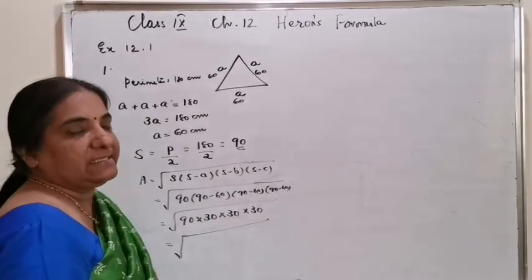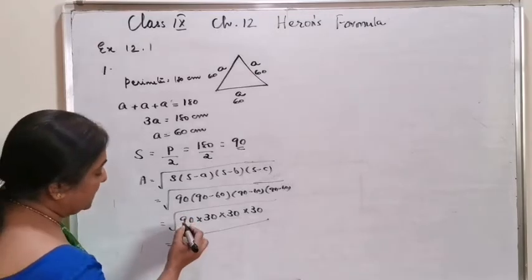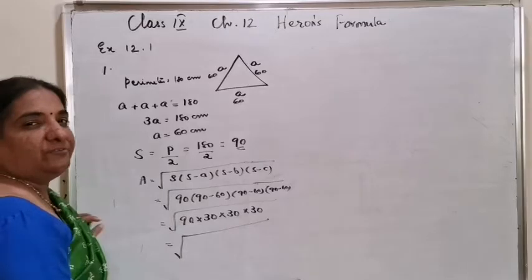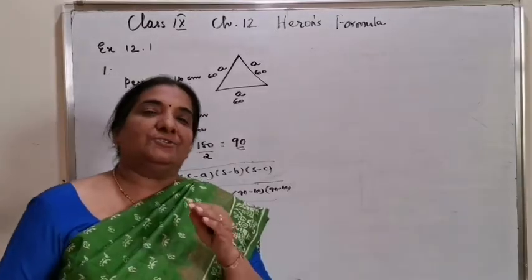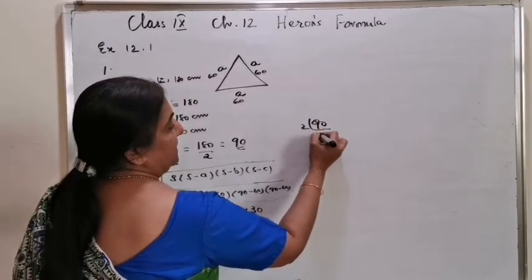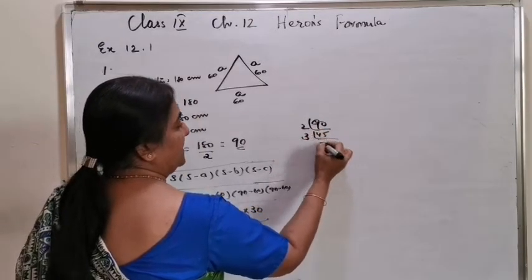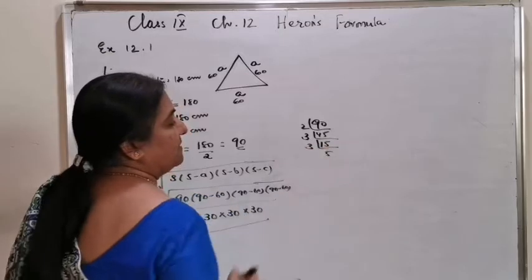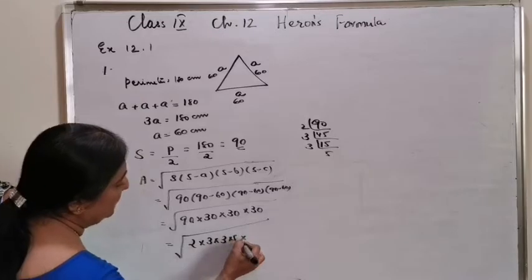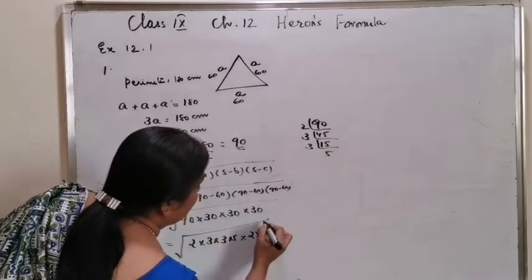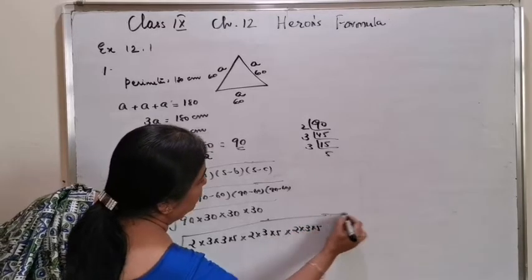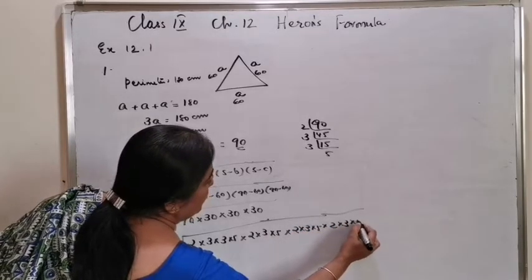Otherwise we can factorize all the numbers. 90 is 2 into 45, and 45 is 3 squared into 5, or you can find it as 90 by 2, 45 by 3, 15 by 3, 5. That means square root of 2 into 3 into 3 into 5. 30 is 2 into 3 into 5, 2 into 3 into 5, 2 into 3 into 5.